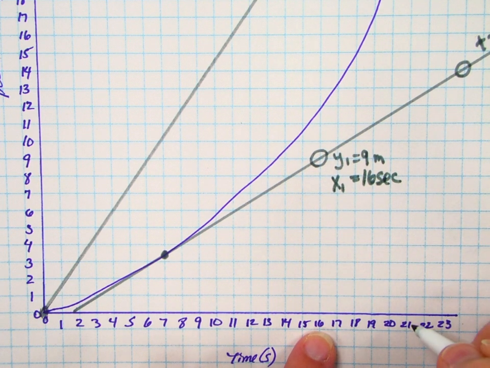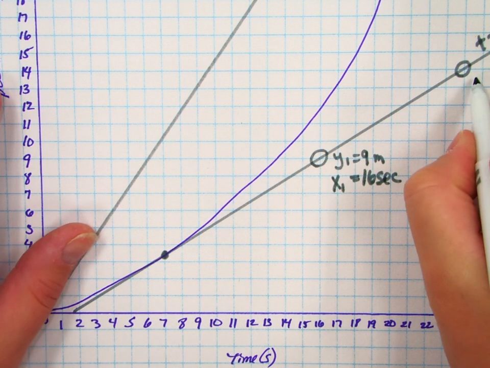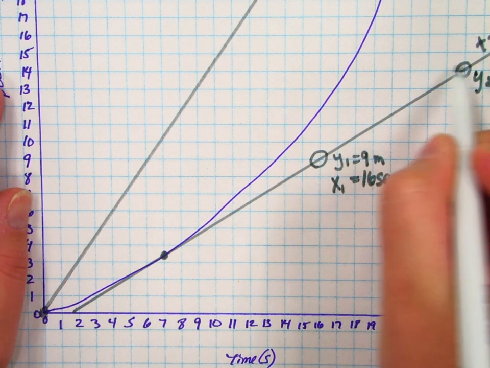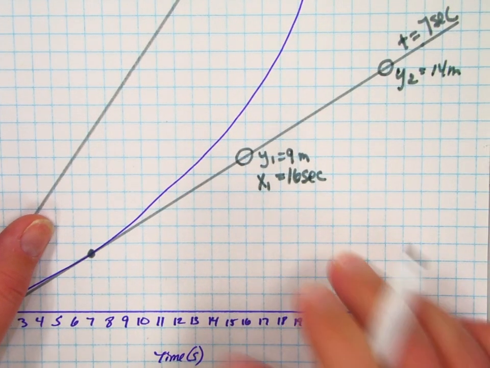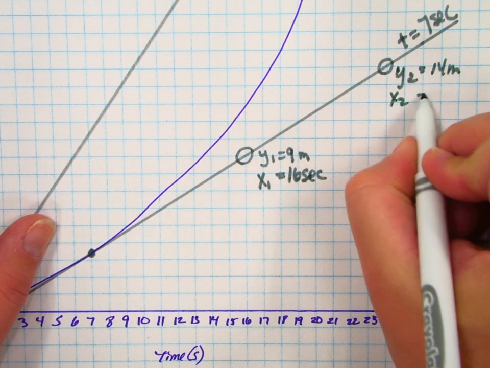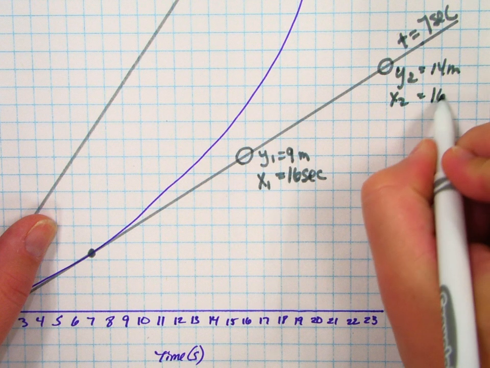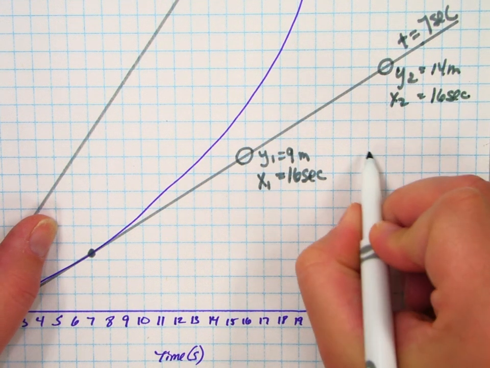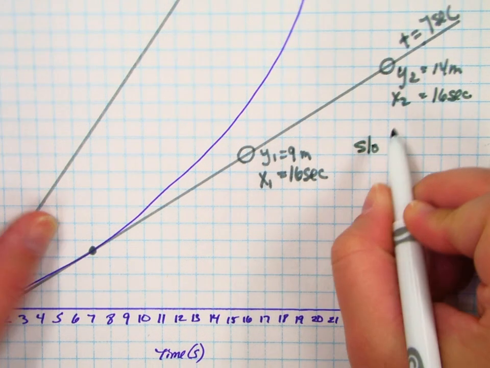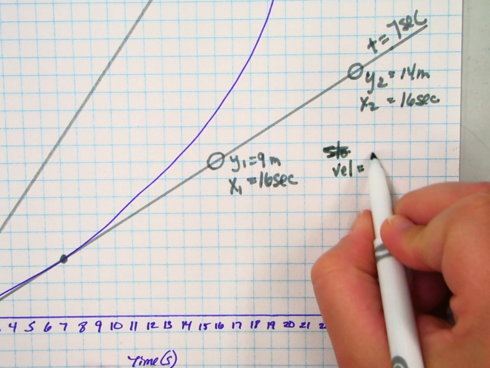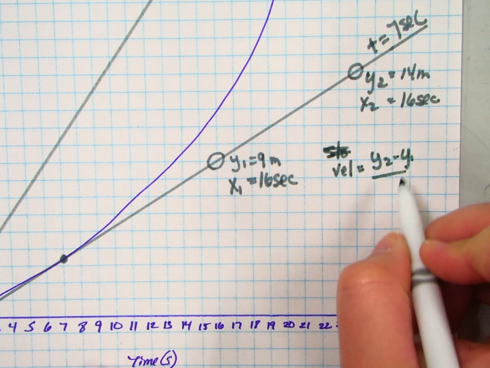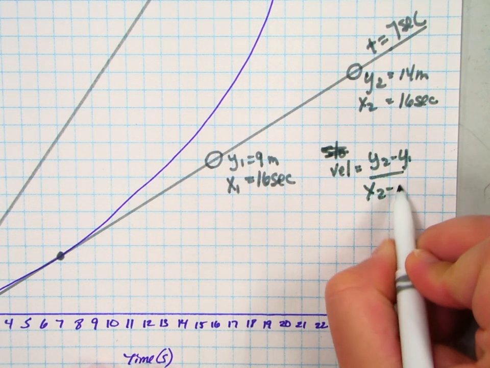So x1 equals 16 seconds. y2, 14 meters. x2, 24 seconds. And I'm going to find my slope, which is called velocity, which is y2 minus y1 over x2 minus x1.